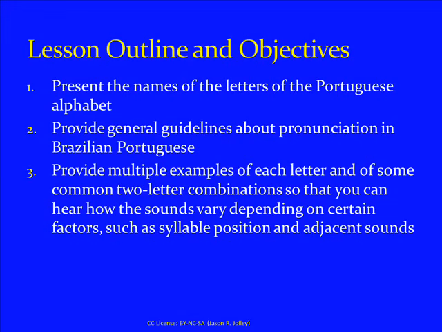Then I'm going to provide some general guidelines about pronunciation in Brazilian Portuguese, and finally follow that up with multiple examples of each letter, and not just the letters but also some common two-letter combinations so that you can hear the sounds and hear how they vary depending on certain factors, some of the ones we just mentioned, such as their position in the syllable and what sounds might be after them or adjacent to them. So that's how we'll proceed.